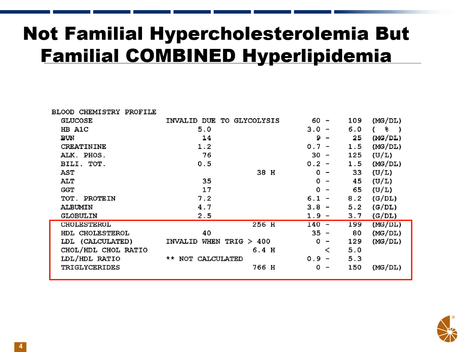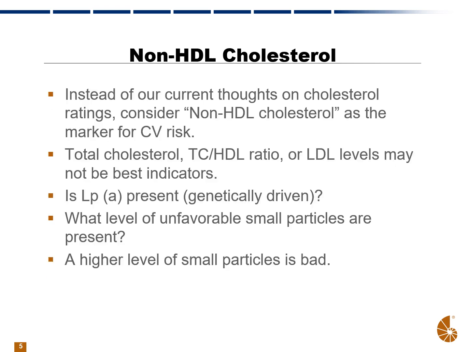However, when triglycerides are elevated, which may be part of a familial hyperlipidemia, the high levels of triglycerides above 400 complicate the picture because you can't calculate the LDL correctly. So that throws a monkey wrench into the situation, and we're unable to use our LDL calculation.